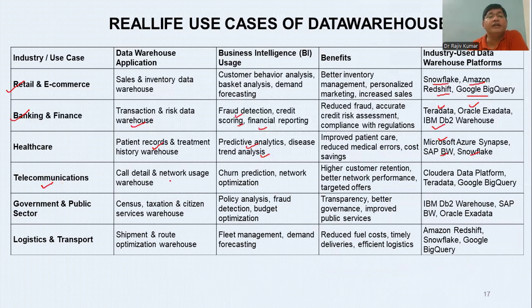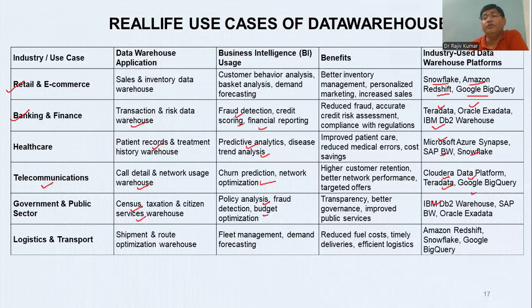Telecommunications: call detail and network usage warehouse, churn prediction, network optimization. Cloudera Data Platform, Teradata, Google BigQuery are using this. The government and public sector also use data warehousing for census, taxation, citizen services, policy analysis, fraud detection, budgets.